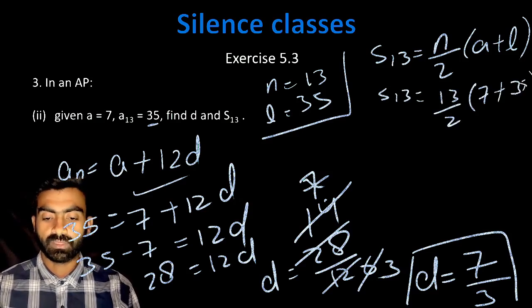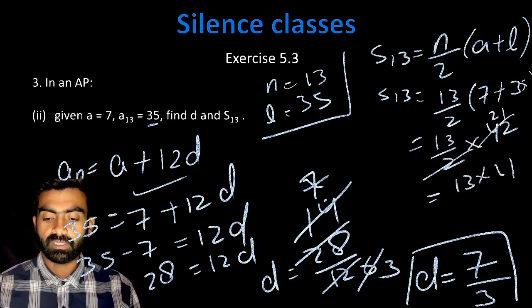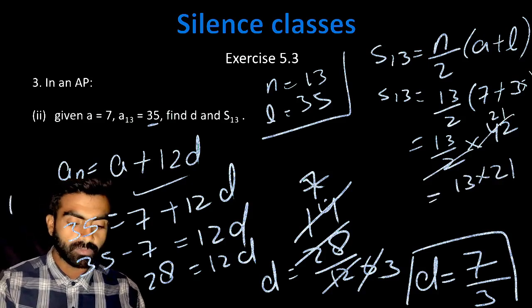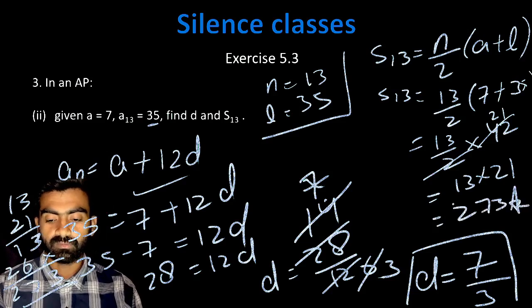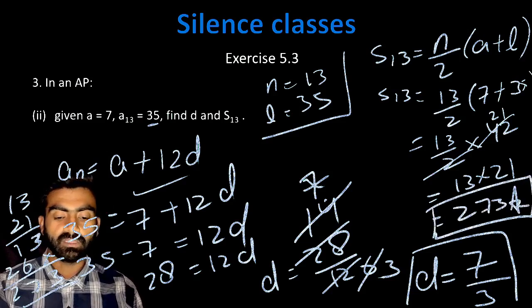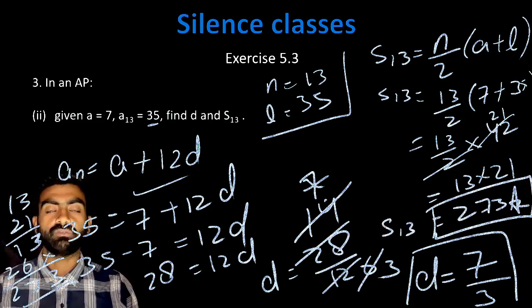So we get 13/2 multiplied by 42, which is 13 multiplied by 21. Doing 13 multiplied by 21: 1 × 3 is 3, 1 × 1 is 1, 2 × 3 is 6, and 2 × 1 is 2. So 273 is the answer. So d = 7/3 and S13 = 273.